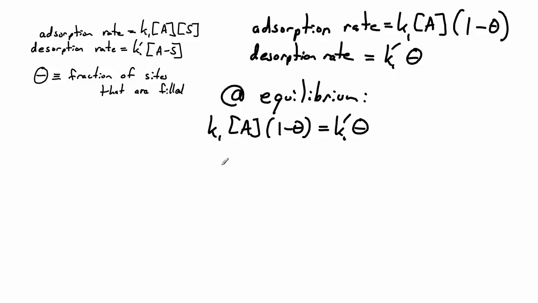Let's gather the constants on one side. So we'll divide both sides by K1 prime. So we have K1 over K1 prime times the concentration of A is equal to theta over 1 minus theta.